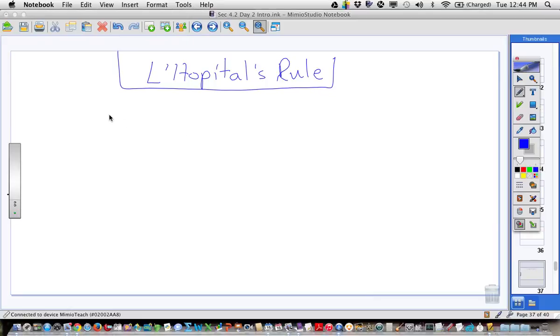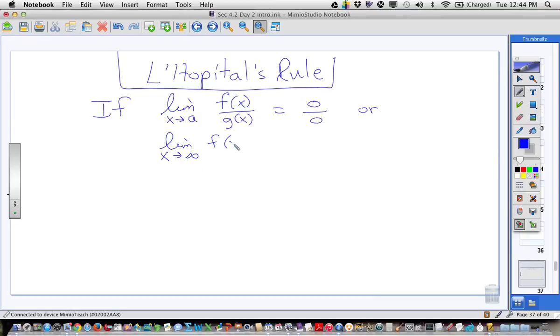All right. So here's what this says. L'Hopital's rule says, if the limit as x approaches a of f of x over g of x, and that's the key, it's got to be a fraction kind of a problem, equals 0 over 0, or the limit as x approaches infinity, and it could be negative infinity also, of f of x over g of x equals infinity over infinity.